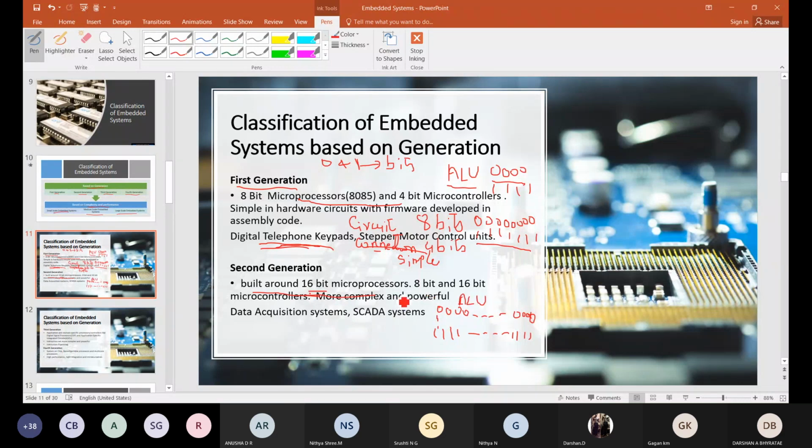That is what we call a 16-bit microprocessor or microcontroller. That type of microcontroller or microprocessor comes under the category of second generation embedded system.